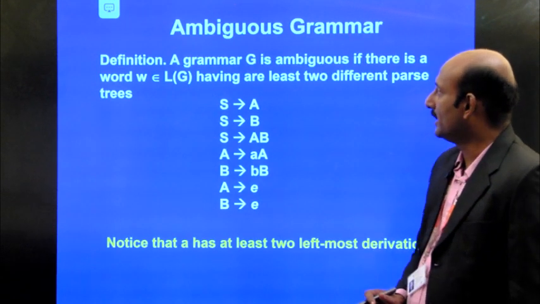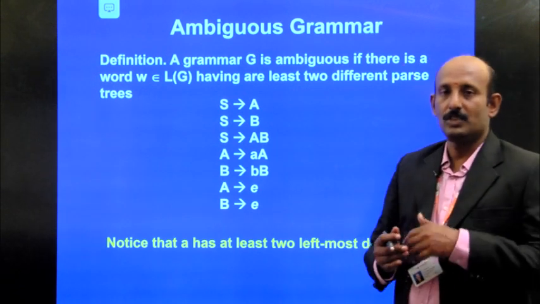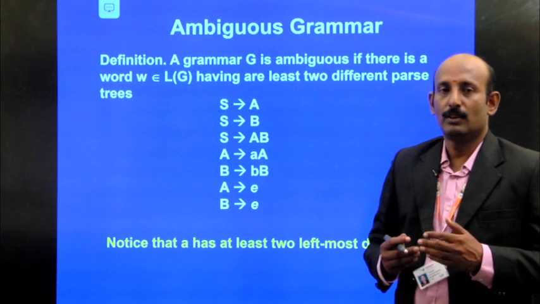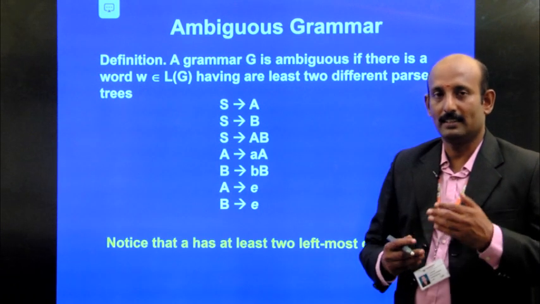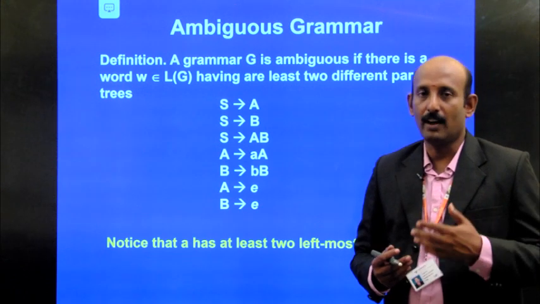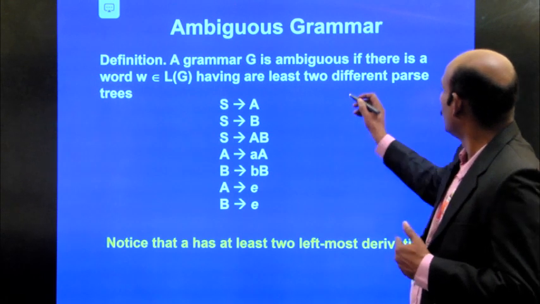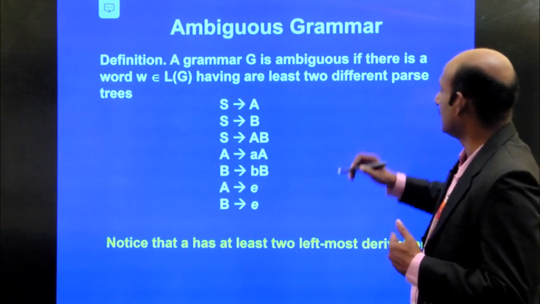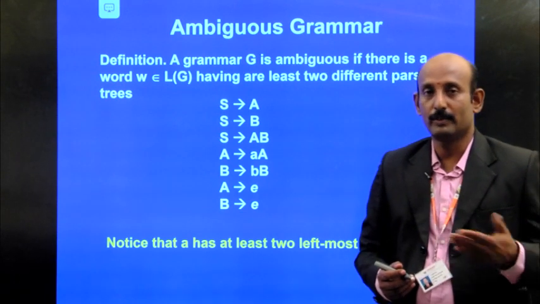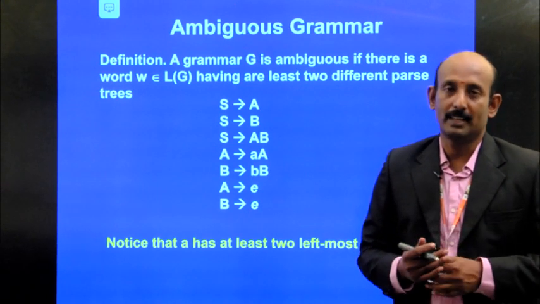Next we are going to see about ambiguous grammar. A grammar is said to be ambiguous if it generates or produces more than one leftmost derivation or rightmost derivation. If you have at least two different parse trees, it has to produce more than one leftmost derivation or rightmost derivation, then the grammar is said to be an ambiguous grammar.